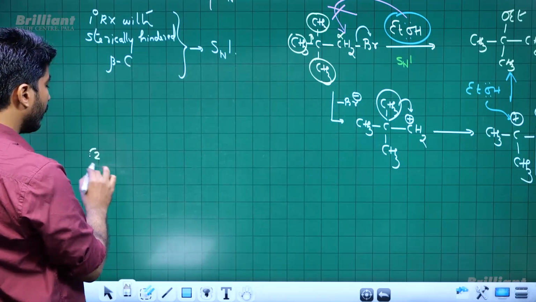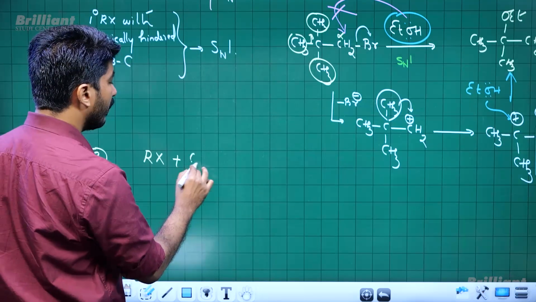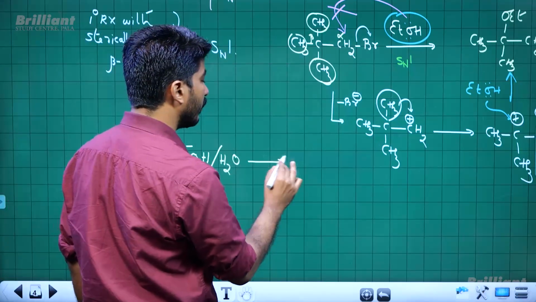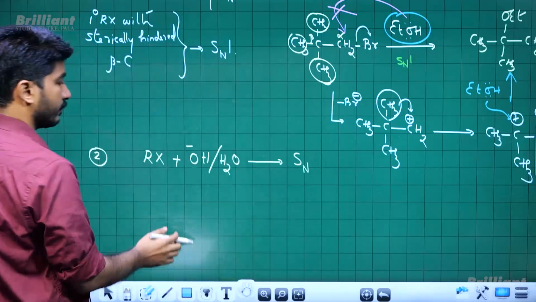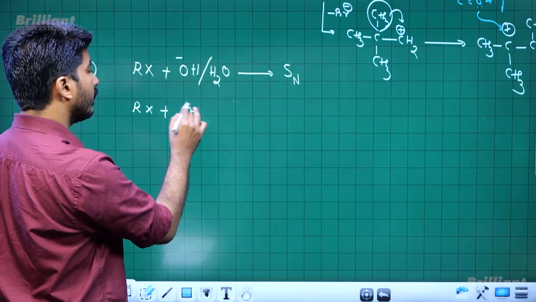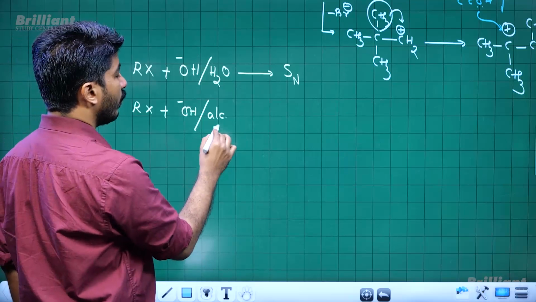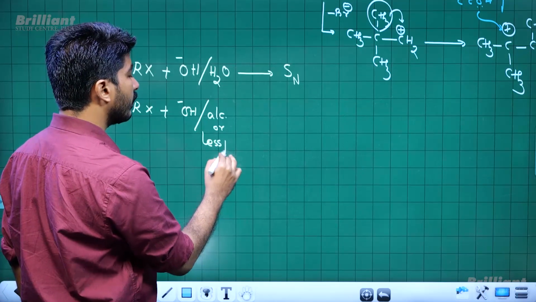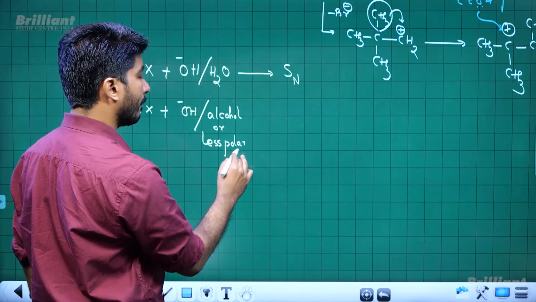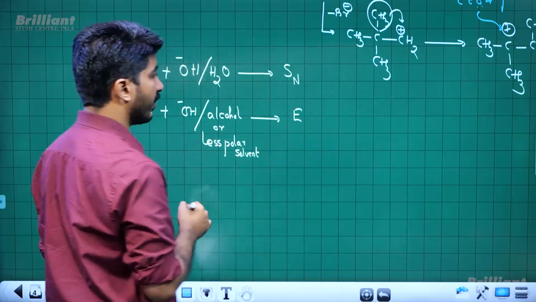The second rule is that haloalkane, if we treat with aqueous OH minus, it will be nucleophilic substitution. And haloalkane, if we treat with alcoholic OH minus or a less polar solvent, alcohols are less polar solvents, then it will be mainly elimination reactions.